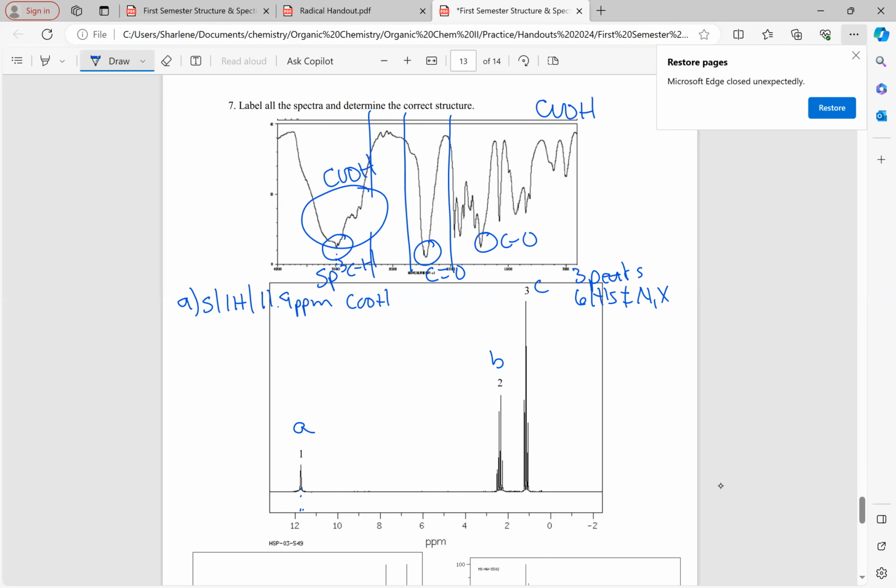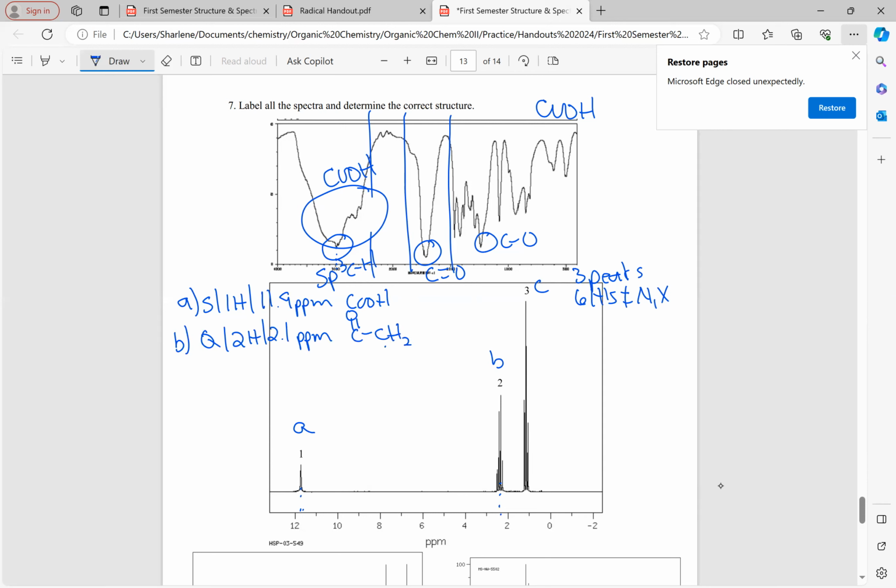All right, my next one, B, looks like a 1, 2, 3, 4. It looks like a quartet that integrates for 2, and it is at about 2.1. Now that is a dead giveaway for a CH2 right next to a carbonyl, and it's integrating for 2.